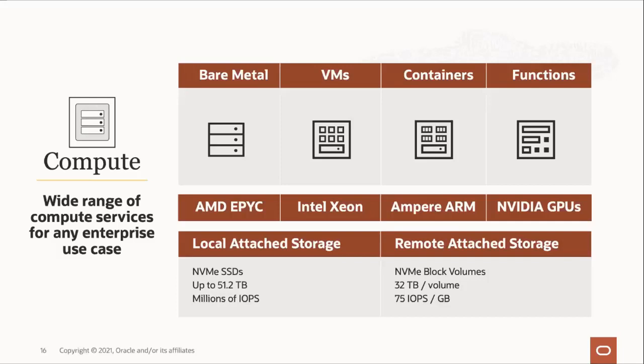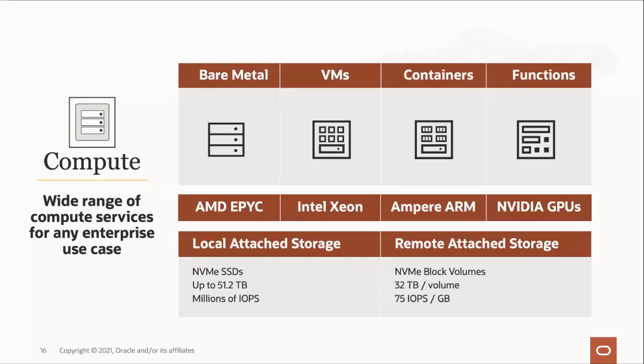And then we also have our virtual machines, which use a hypervisor to virtualize the underlying bare metal servers into smaller VMs. You can run these VM instances on dedicated servers that could be single tenant and not shared with other customers, and you also have more flexibility in shape.